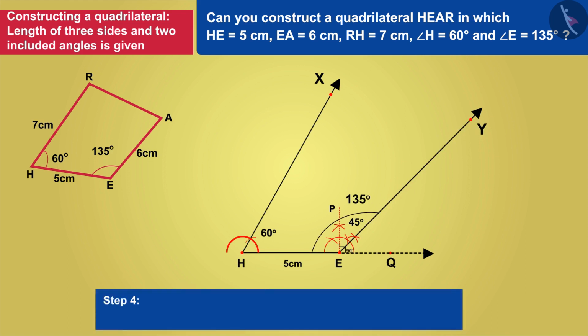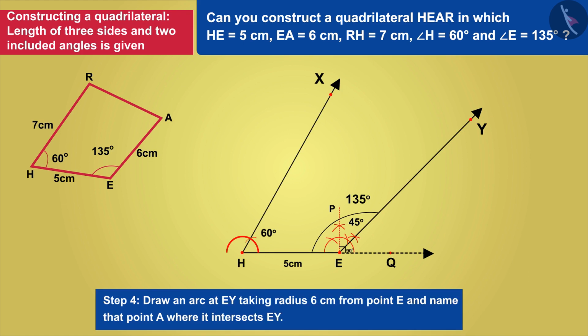Draw an arc by taking radius equal to lengths of sides given in the question. Now, here we have been given the measurement of both the sides which are adjacent to side HE. We are given EA equals 6 centimeters.